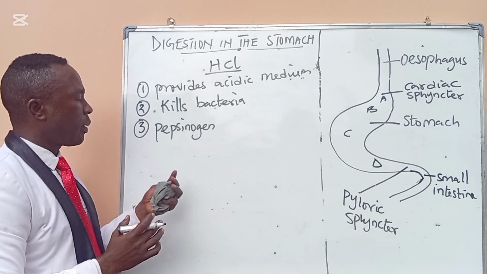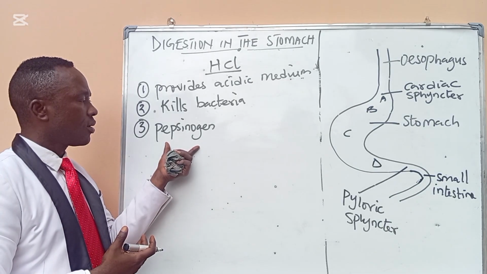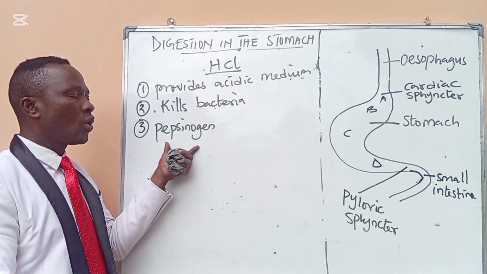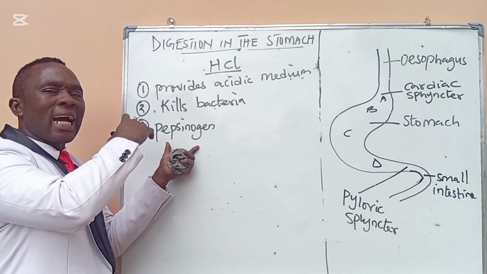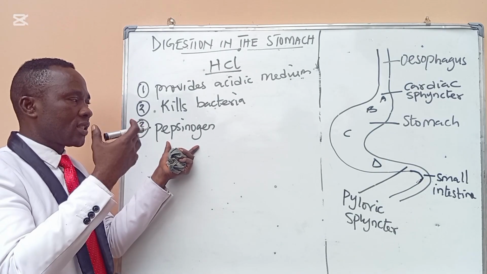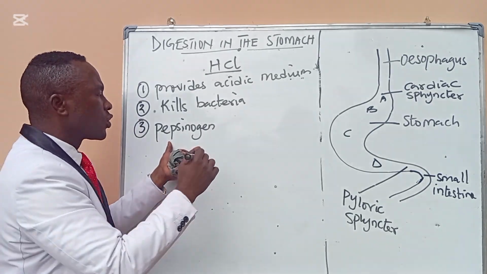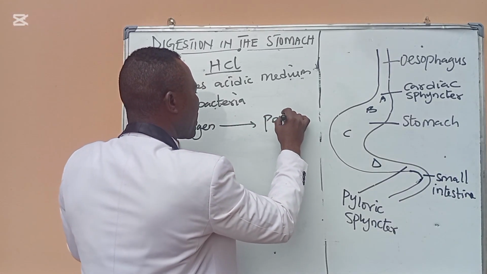Pepsinogen is an enzyme in inactive form. Although it's an enzyme, it is not active. Until it is activated, it cannot digest the protein it is meant to digest in the stomach. So it is activated to become pepsin.